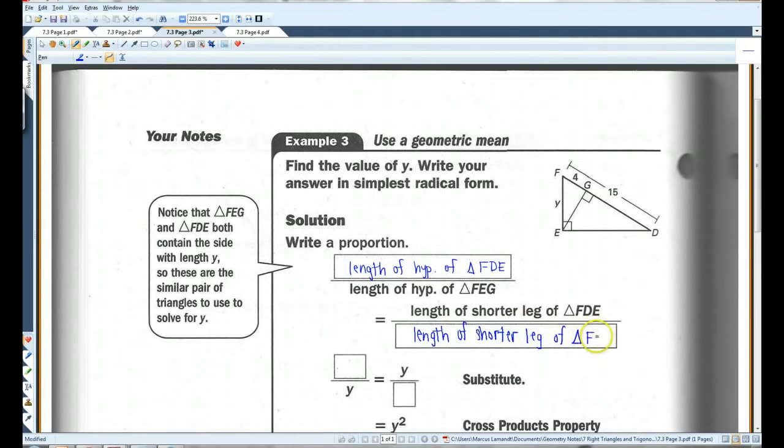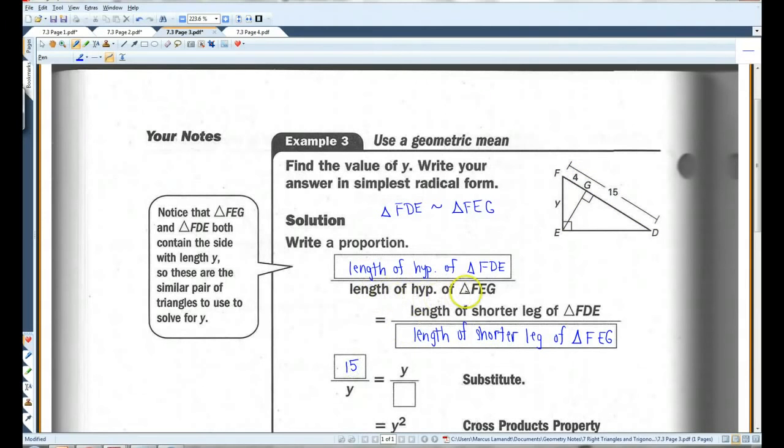of triangle FEG. Okay, so the 2 triangles I'm using here, hopefully you guys can tell, triangle FDE and triangle FEG. I'm using the hypotenuse and I'm using the shorter leg of each triangle. Okay, this is a proportion. The length of the hypotenuse of triangle FDE is 15.